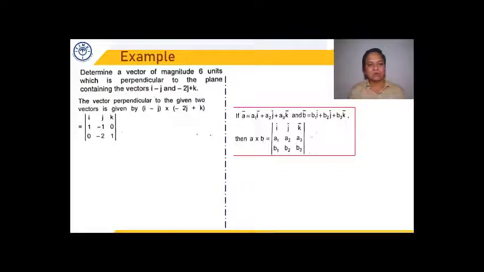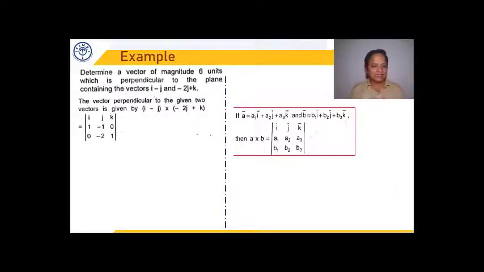So we put the required coefficients, i j k as the first row, then first vector coefficients in the second row, 1, minus 1, 0, and second vector coefficients in the third row, 0, minus 2 and 1.